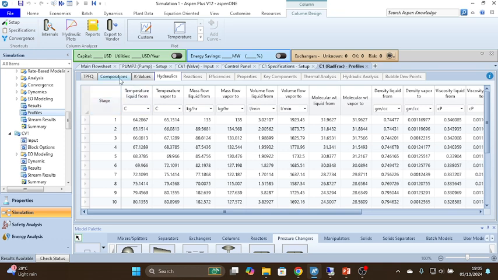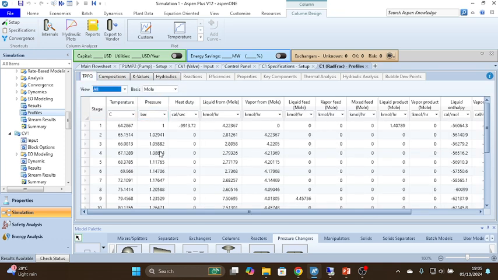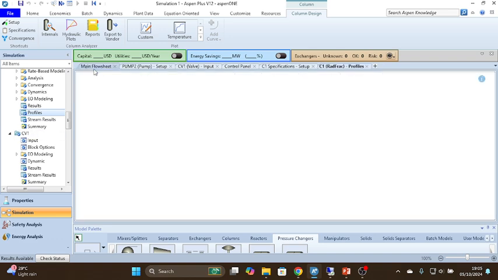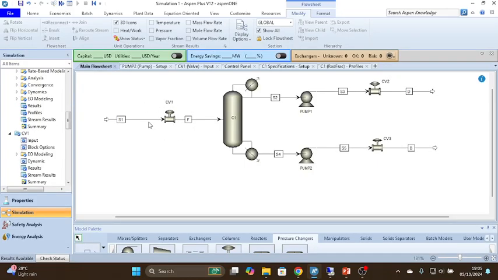Next, the ninth stage is our feed stage. Initially what we had done is given a pressure drop of 3 bar across this control valve. So the initial feed pressure was 6 bar, then there was a pressure drop of 3 bar, so this is coming at 3 bar.